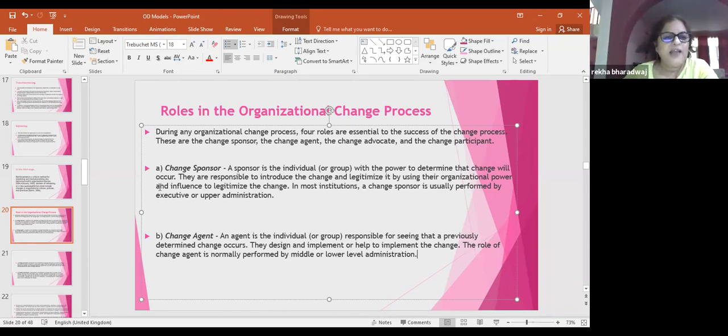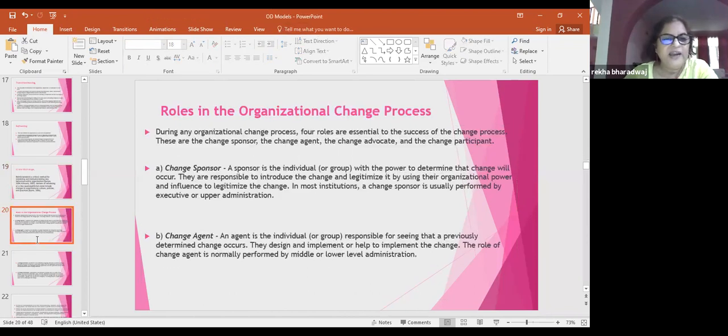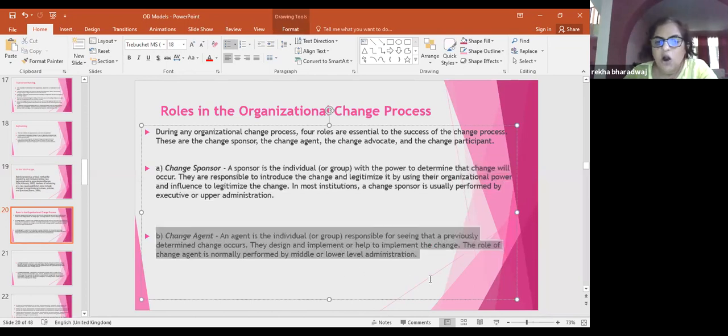Therefore, of course, the top management is very important, but at the same time, they need to talk, convince, and have a group which knows exactly what needs to be done. They need to have the buy-in. Only then can they communicate with the other people and act as agents of change.